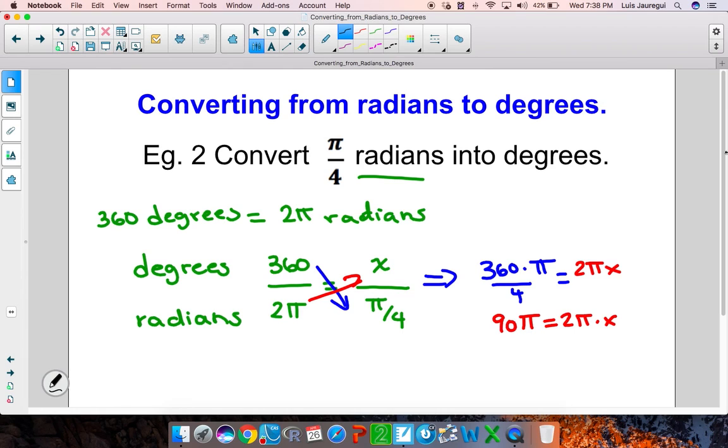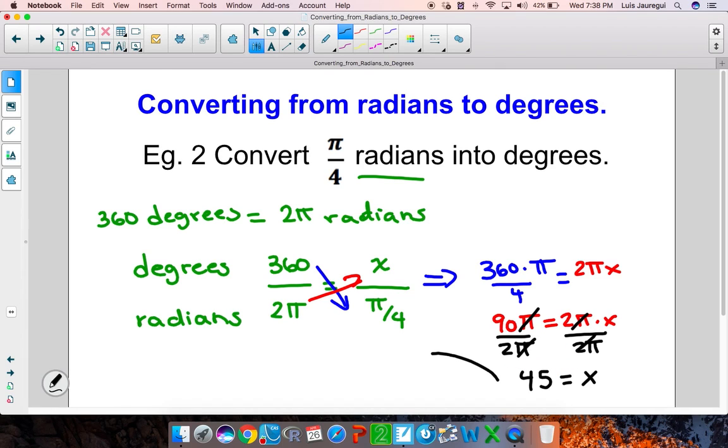Let me solve for x. I know that 2 pi is multiplying my x, so let me divide by 2 pi on both sides of my equation. The 2 pi divided by 2 pi is 1, and 1 times x is x. So here I have x is equal to, the pi divided by pi is 1, so that cancels. And then 90 divided by 2 is 45. So x is equal to 45.